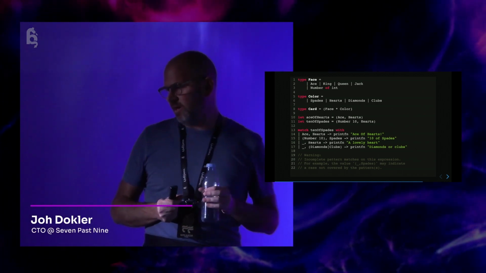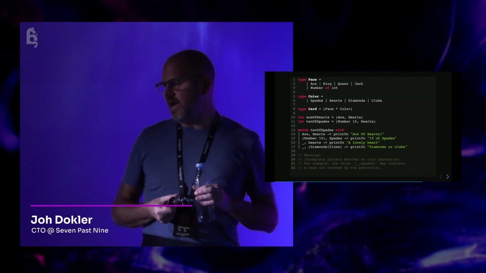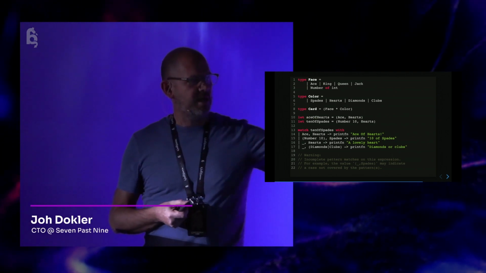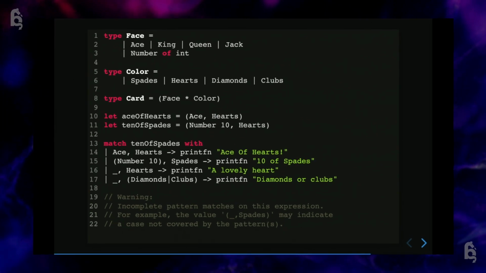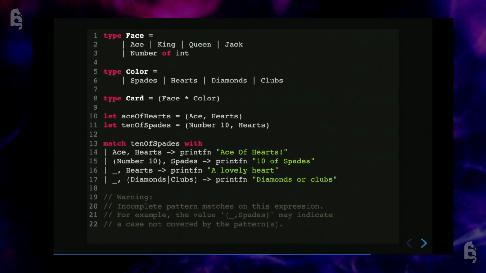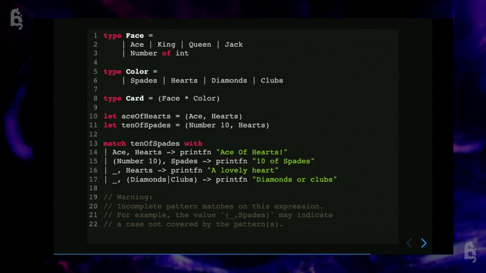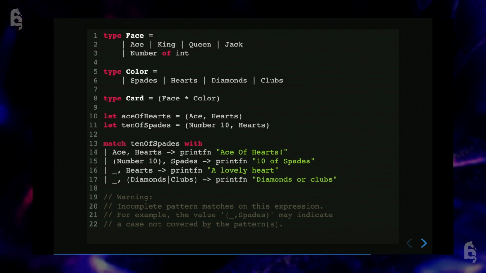In this particular case, it tells you that any kind of color of spades is not covered. You can see that we do catch the number 10 with spades, but other options we did not actually take care of.